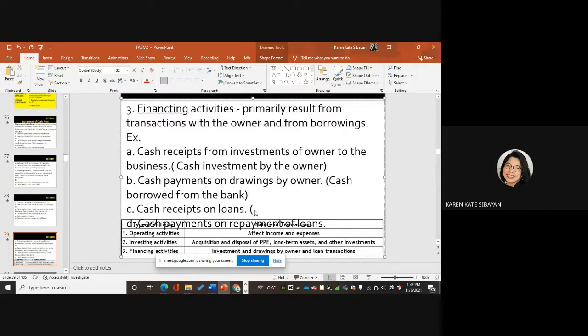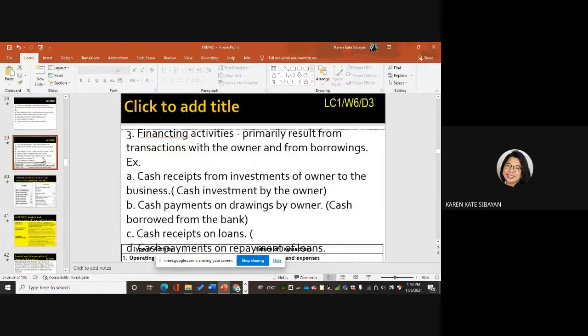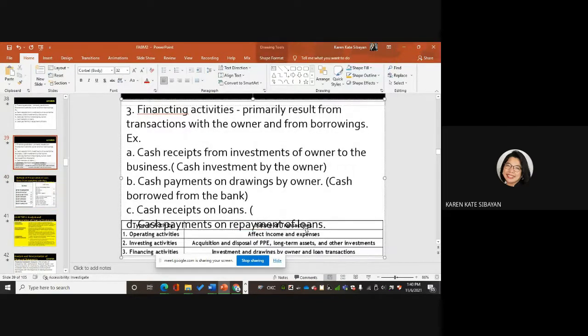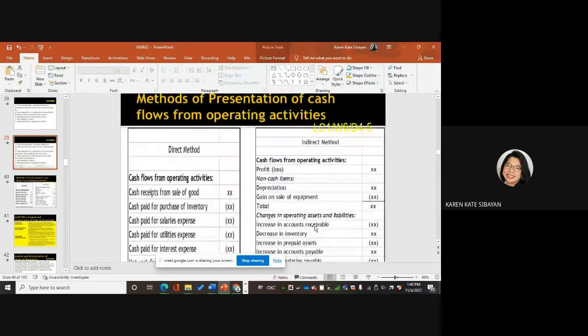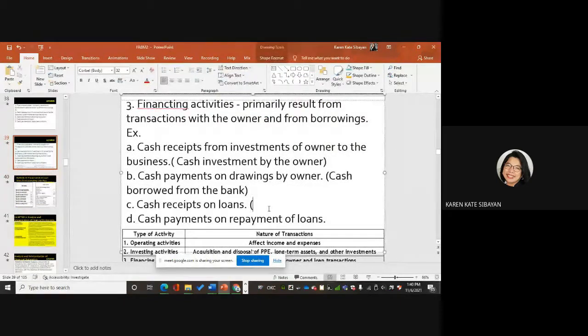Last but not the least, dito ay cash receipt. Cash received from what?